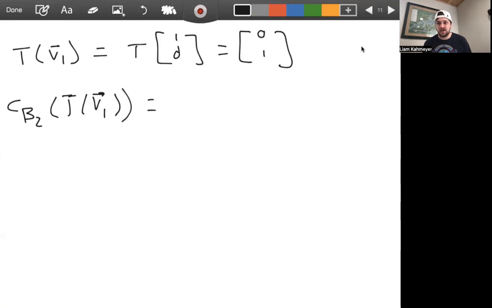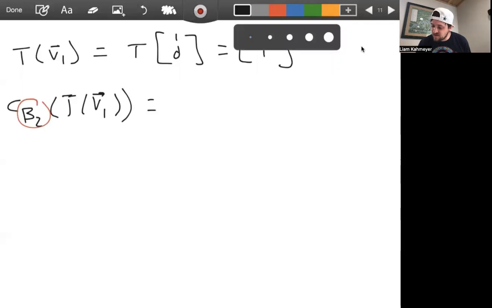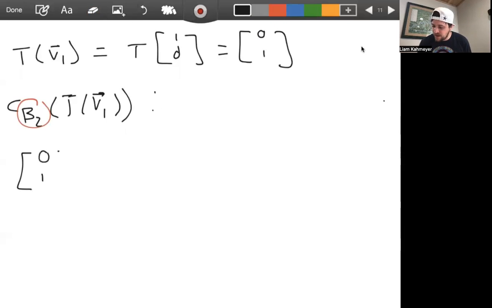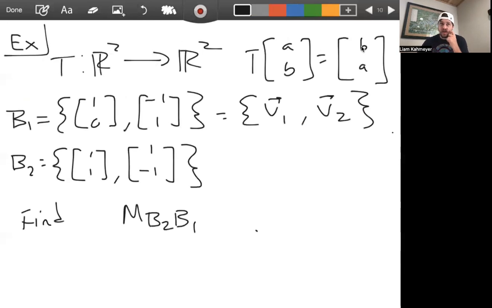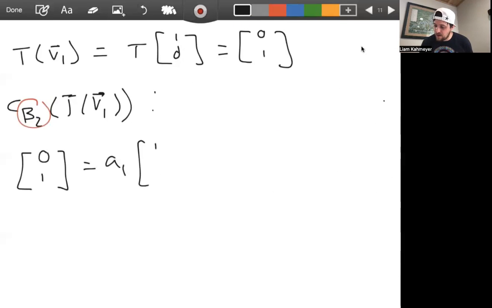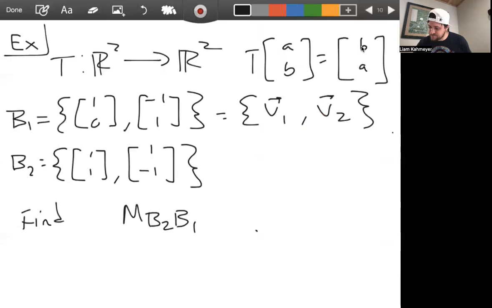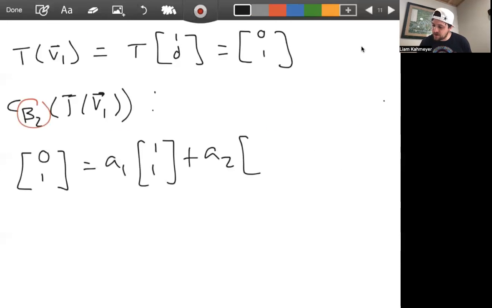Well, how do we find the coordinate vector for (0, 1)? Well, we have to look in the new basis, right? Because we're in B2. To find this, we want (0, 1) to be a linear combination of elements in the second basis here. So that would be a1 times (1, 1) plus a2 times (1, -1), right?